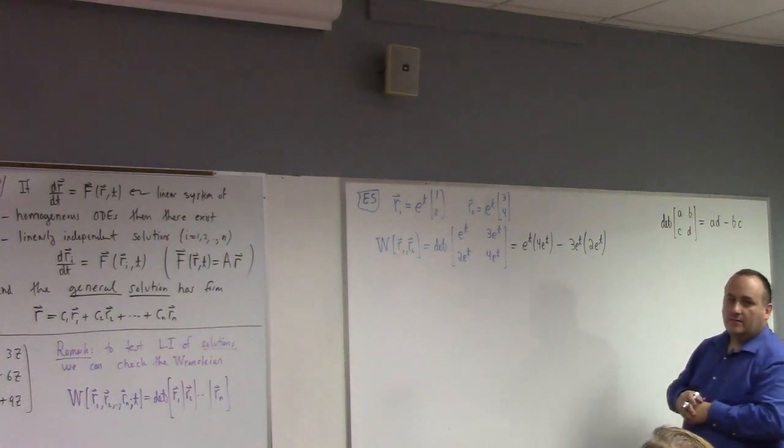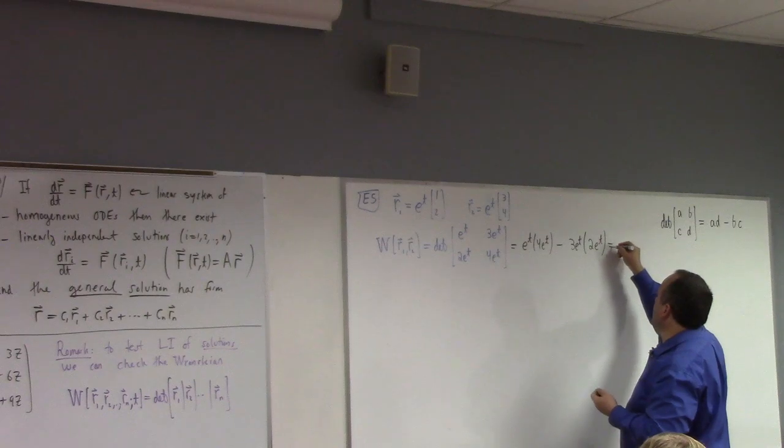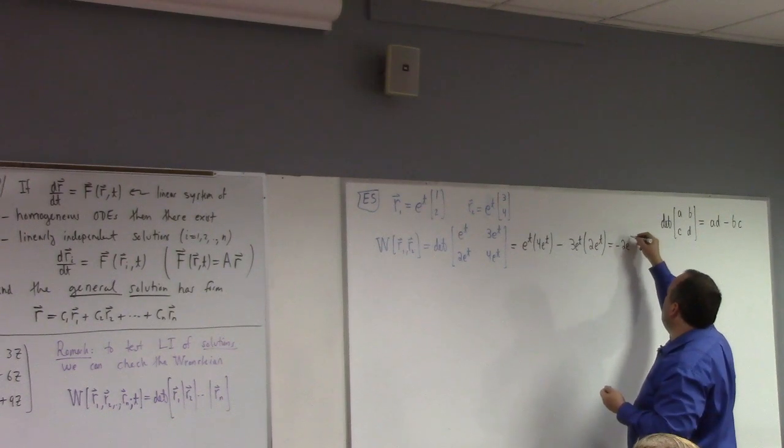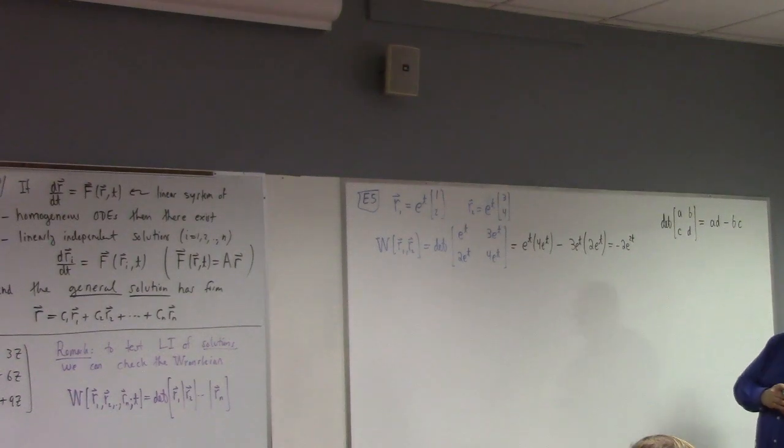Which is 4 minus 6, which is minus 2. So I got minus 2 e to the 2t. That's the Wronskian here.